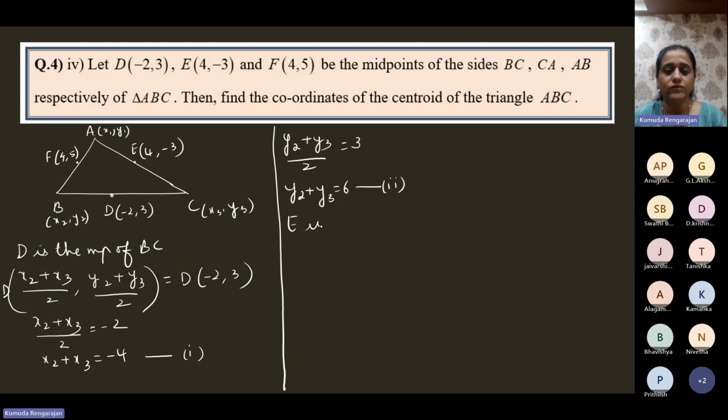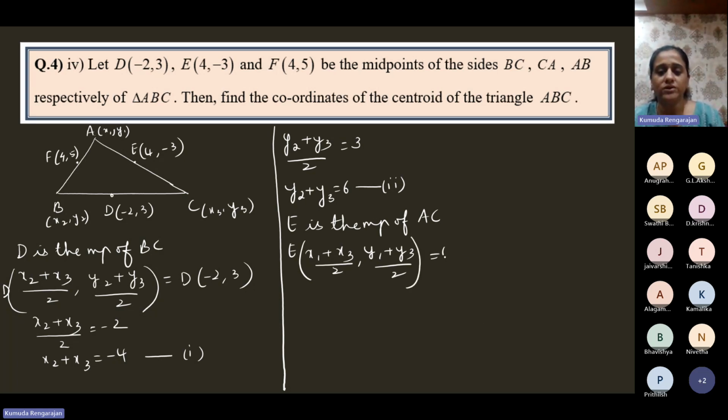E is the midpoint of AC. So the coordinates of E can be found using the midpoint formula, (X1 plus X3) by 2, comma, (Y1 plus Y3) by 2. But we already know the coordinates, no? (4, -3).